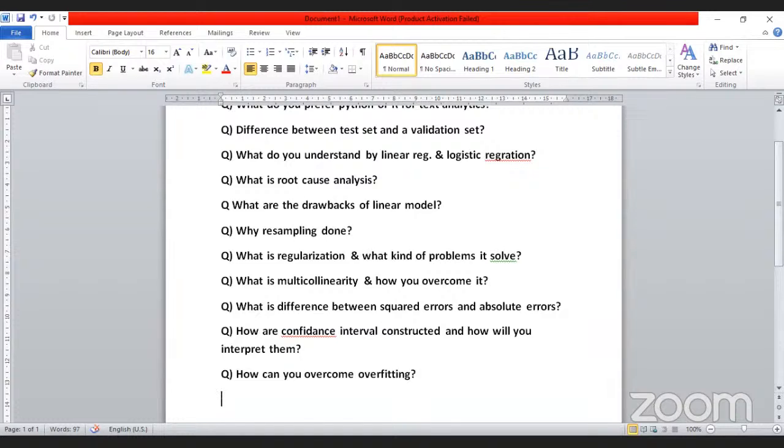That is the overfitting problem. To solve it, you use regularization techniques, cross validation, or feature selection. In this way, you can solve overfitting issues with the help of these simple techniques.